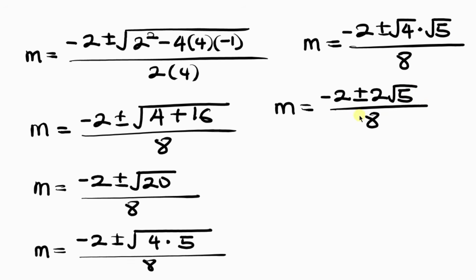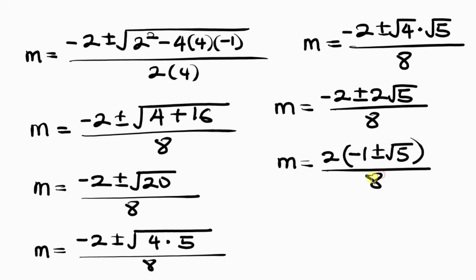Now notice something: 2 is common in the numerator, so we can factor out 2. So m will be 2 times, now negative 2 divided by 2 is negative 1, plus or minus 2 root 5 divided by 2 is root 5. Good. All over 8.